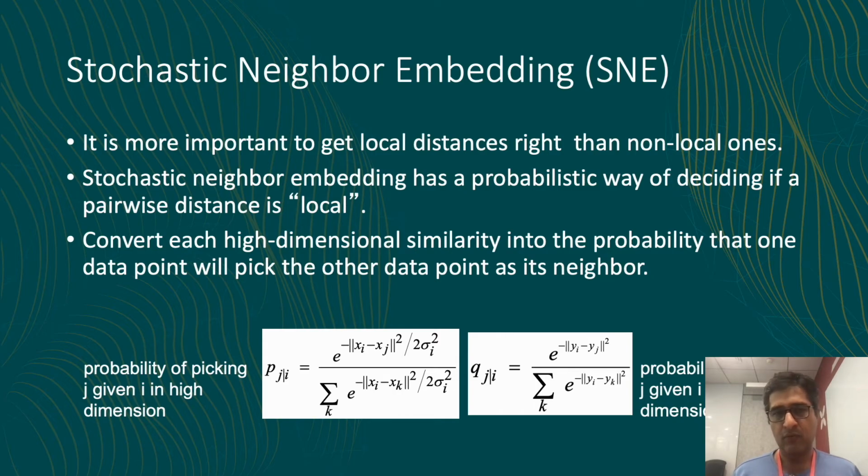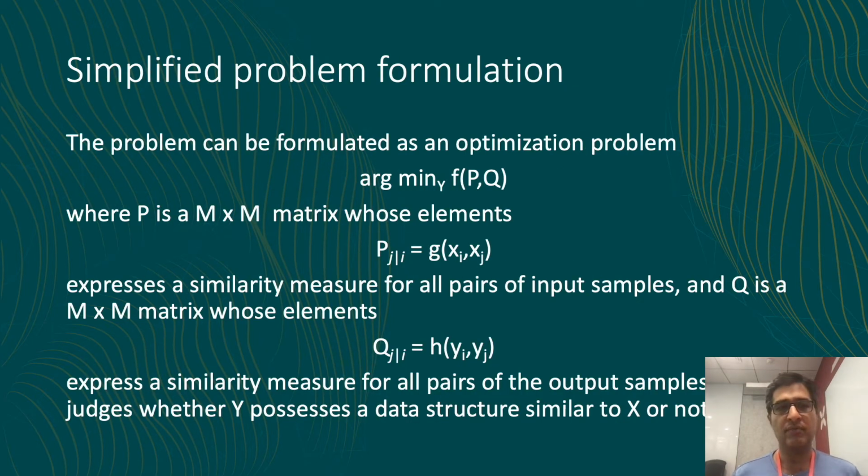Now, what you want to do is make sure that you are picking your x's and y's in such a manner that this property is maintained, that if I and j had small local distances in the higher dimensional space, they are overall maintained even in the lower dimensional space.